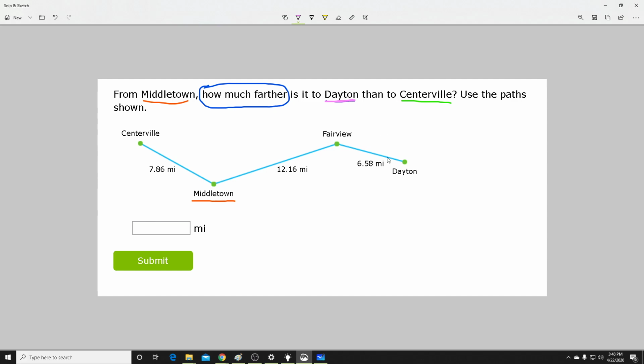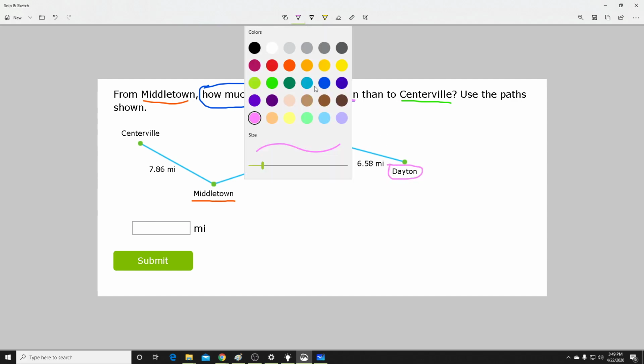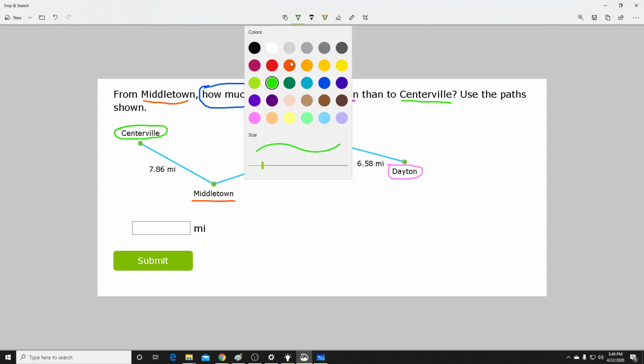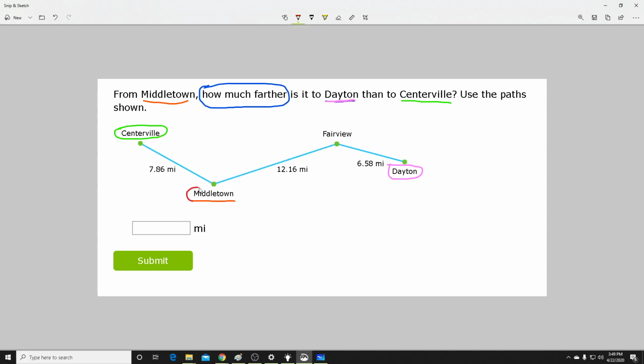Okay, so let's see, we have Dayton, we have Centerville, and we have Middletown. Okay, so we're trying to compare how much farther it is to Dayton than to Centerville. So we know Centerville from Middletown.